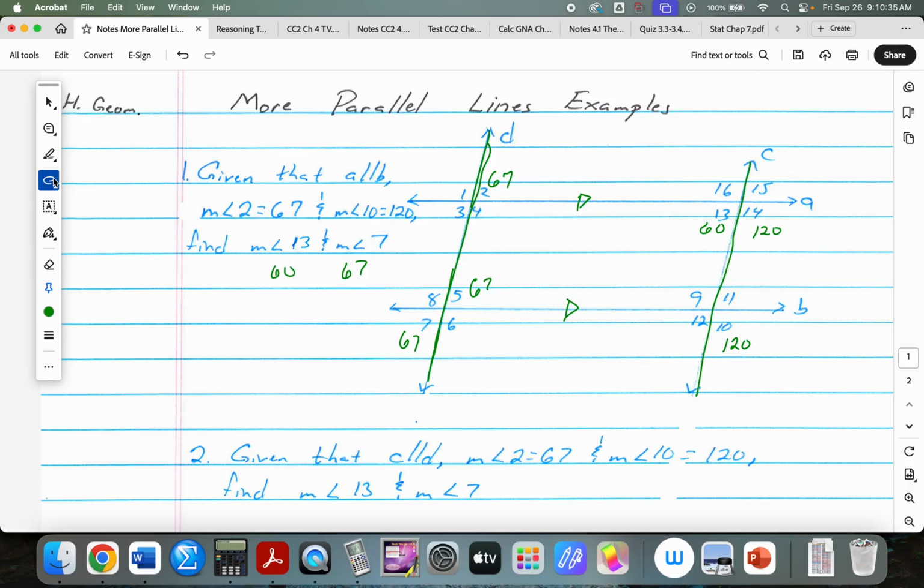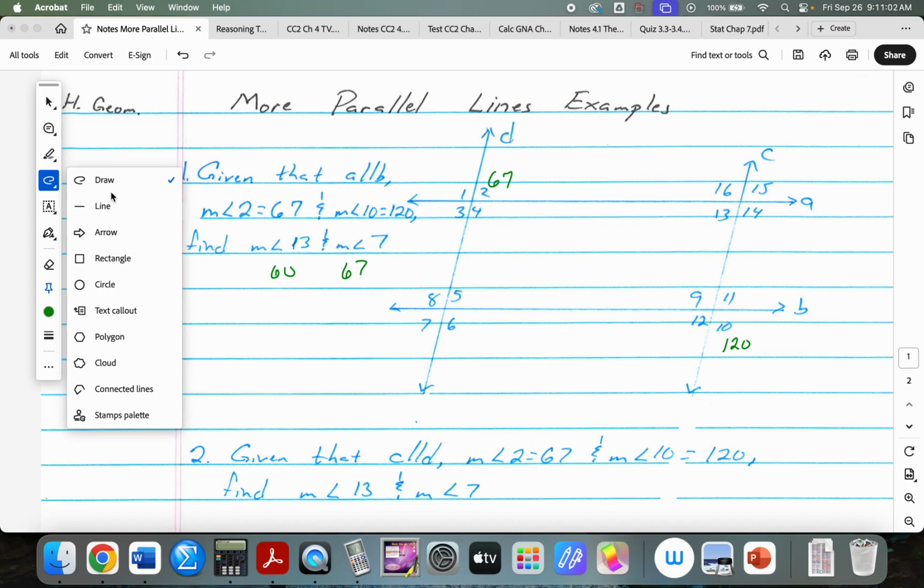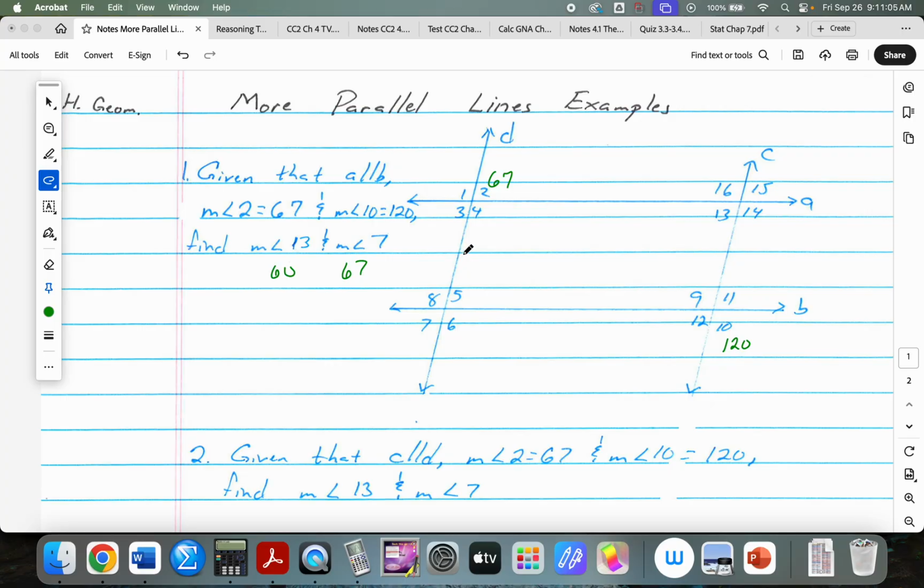Now, the next problem, much of that is the same, but not quite everything. Let's erase. And we're going to change only one thing. The only thing that changes is that we're given now that C and D are parallel.